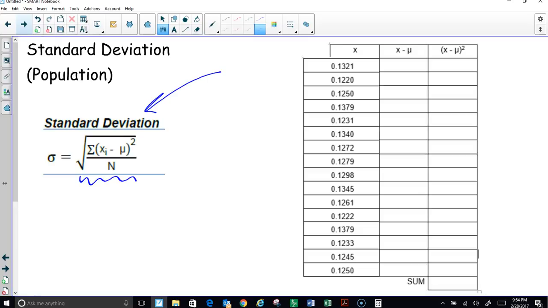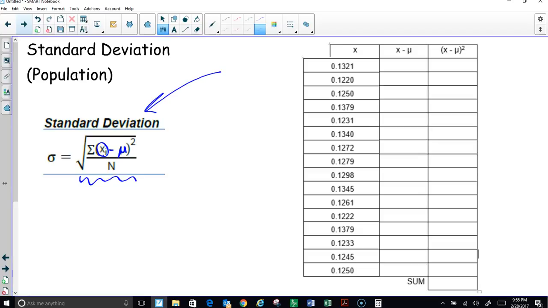What it is telling you to do is the following. It's saying, first, for every number in the set, take the number and subtract the mean, the average. So for every number, subtract the average from it. That could come out positive or negative, depending on whether the number is less than the average or more. Doesn't really matter.